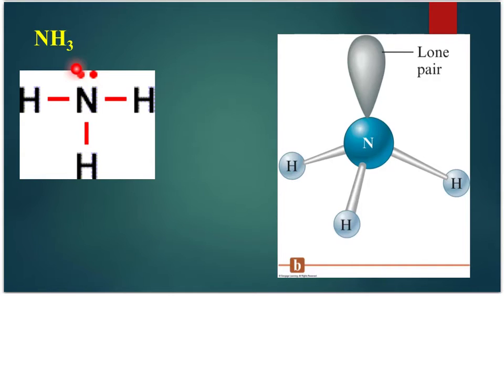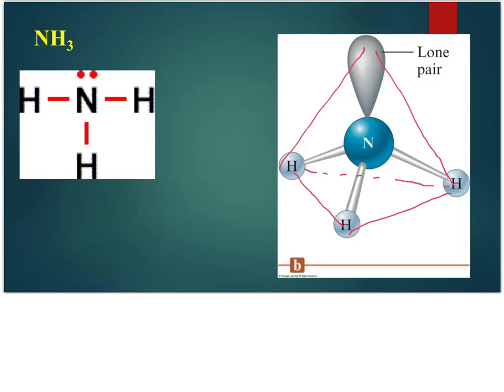Now how does trigonal pyramidal look? Now I'll connect these here. So we have a triangular base pyramid. That's what we're looking at. Trigonal pyramidal. So we have a pyramid with a triangular base. That's our molecular structure. Trigonal pyramidal.